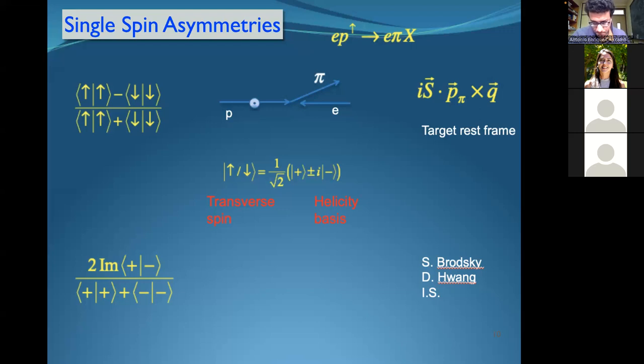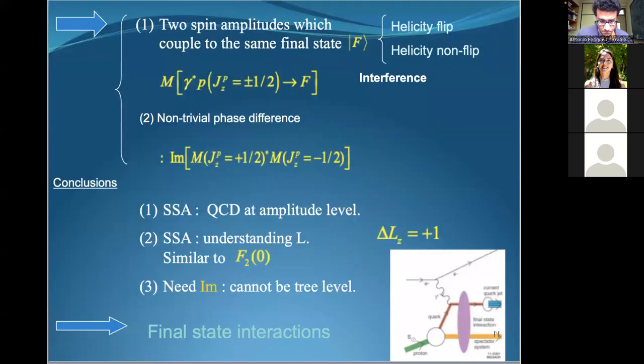I haven't put the final state there, but the idea is that you have two spin amplitudes connected to the same final state. One is helicity flip and the other is non-flip. And this interference, like I said, is the imaginary part of the interference of two amplitudes.